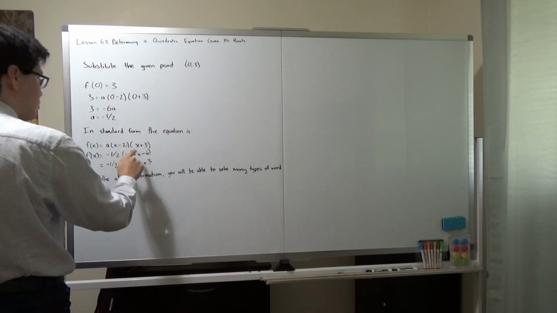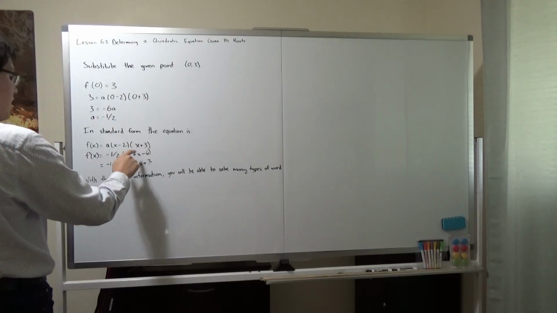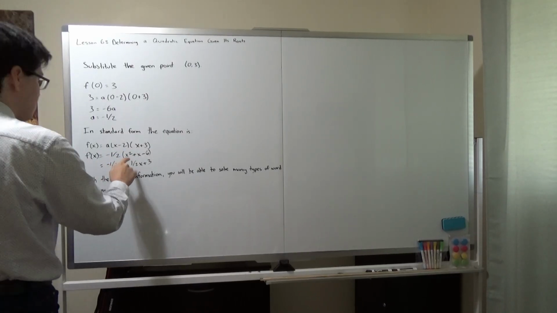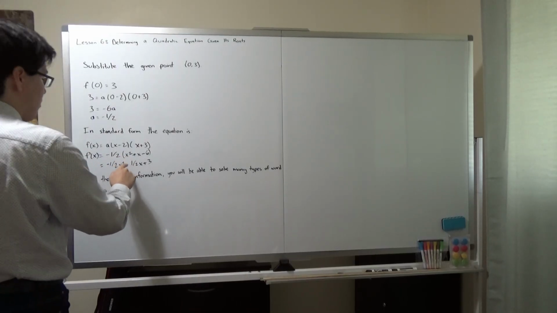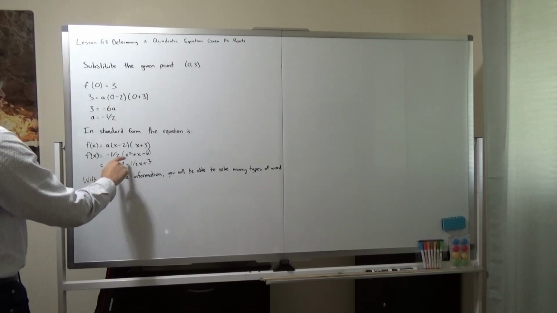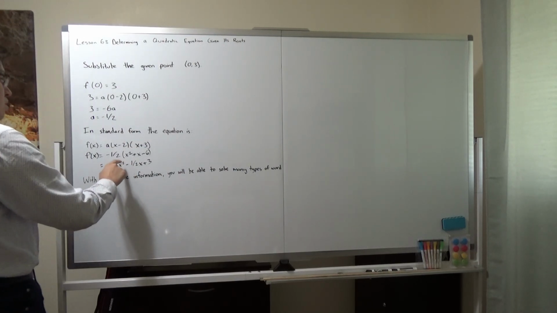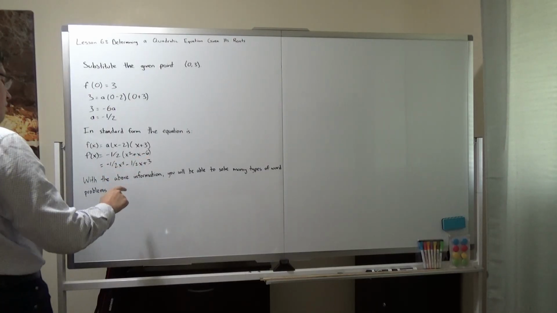Plus 3x minus 2x is plus x. Finally, we multiply the negative 1 over 2 by each term in the trinomial to get the equation in standard form. So we get negative 1 over 2 x squared minus 1 over 2 x plus 3.